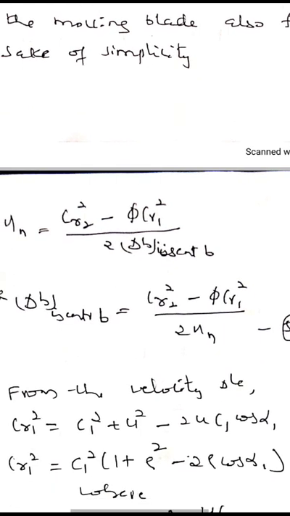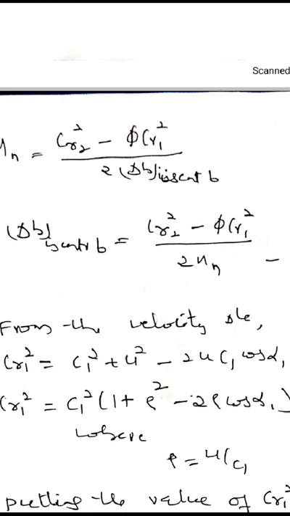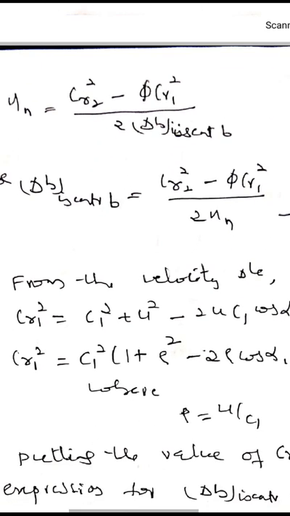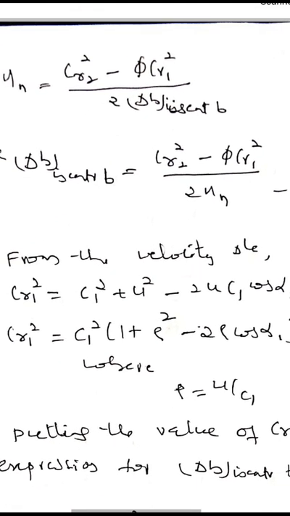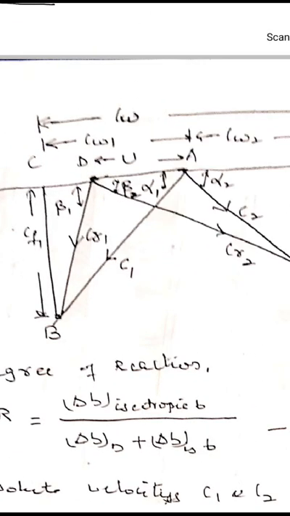Again, from the inlet velocity triangle, CR1 square equals C1 square plus U square minus 2U C1 cos alpha 1. See the diagram here. Inlet triangle, CR1 square equals U square plus C1 square minus 2U C1 cos alpha 1.